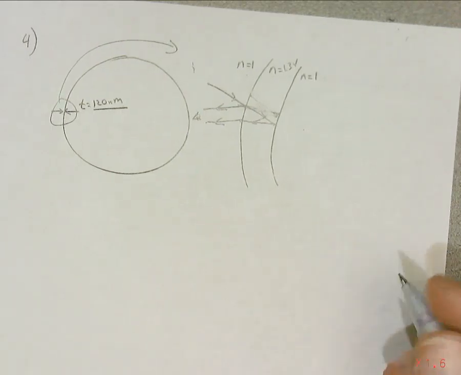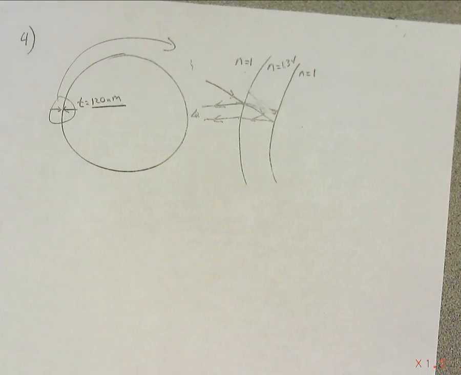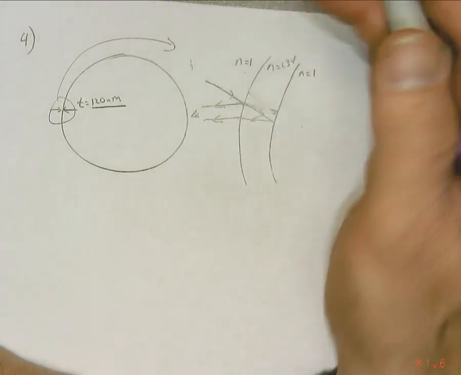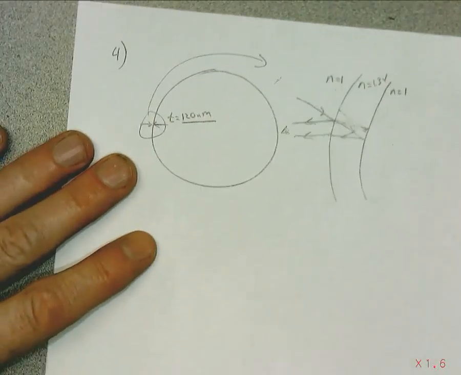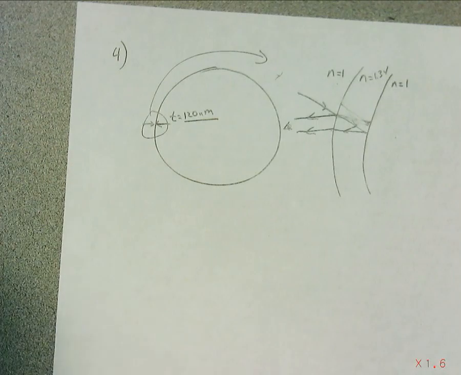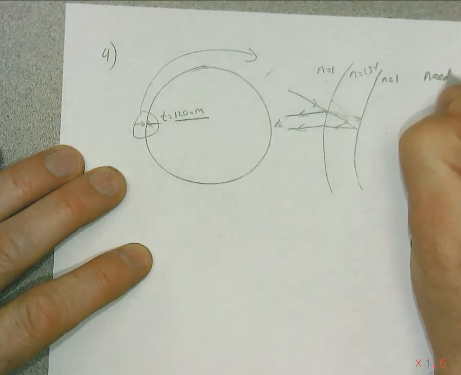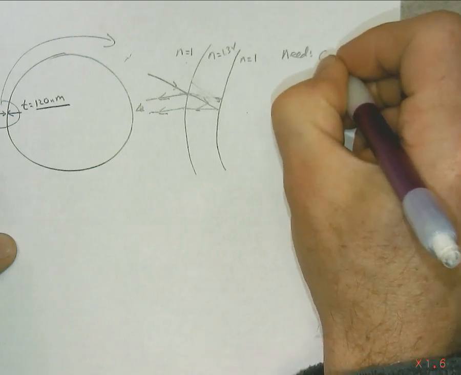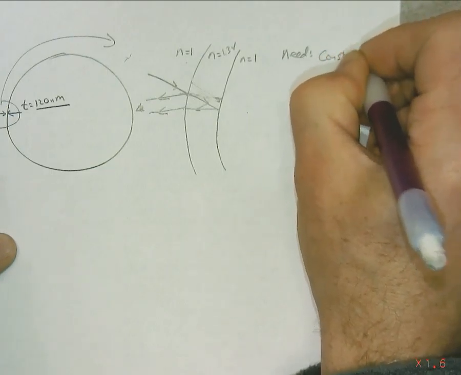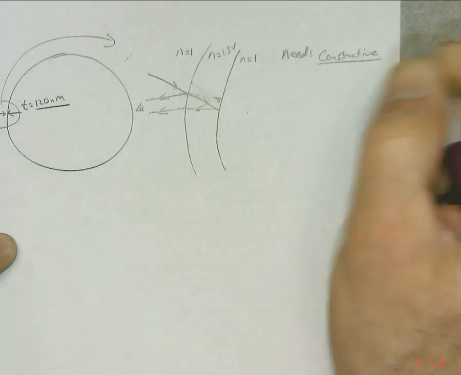So the first thing that we need to consider is what is the relationship that we need to satisfy. The need that we have is for constructive interference.